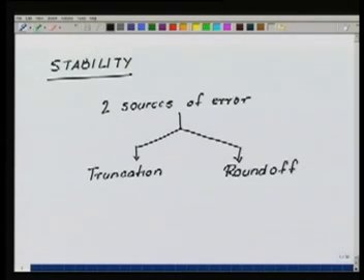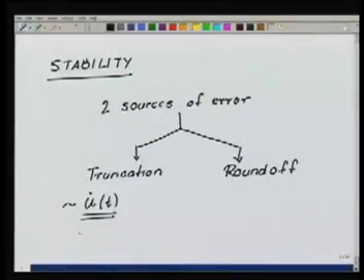The truncation error comes because of our approximation of the derivative with respect to time. We are approximating the derivative with respect to time with a difference scheme which is essentially based on truncating a Taylor series expansion of u about a time, with some finite number of terms, just like we do with the expansion of any smooth function. Because of that truncation, we are introducing an error which depends on the delta t that we take from the given time to the next time.